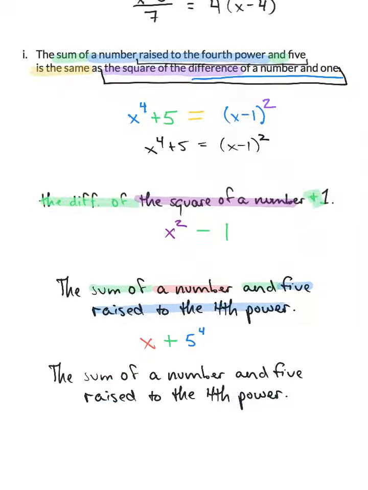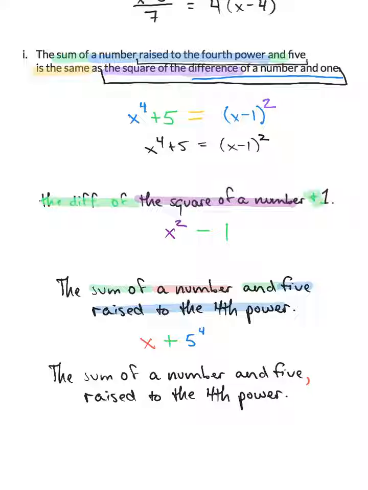So you may be saying, okay, what would it look like if I did want to put it inside parentheses? There's one tiny little thing that I have to do in order to change this to where we're going to put x plus 5 inside the parentheses. And it comes down to punctuation. If I insert a comma right here, what does this say now? This says the sum of a number and 5, raised to the 4th power.